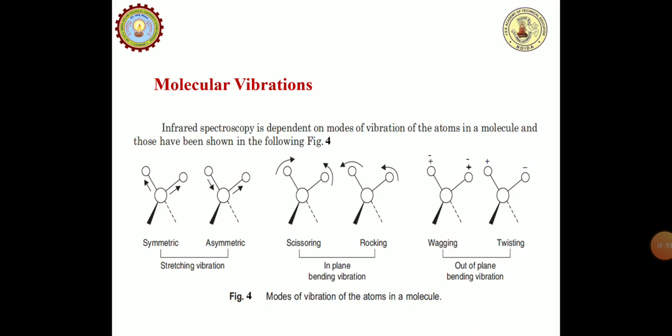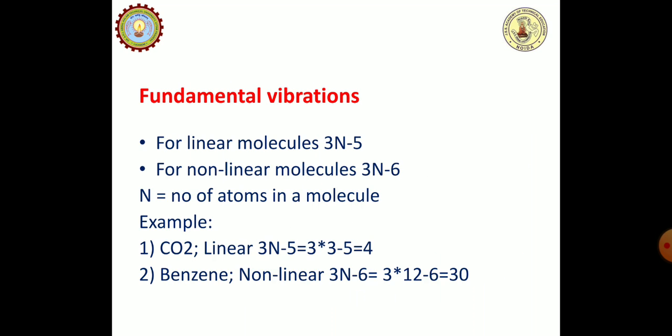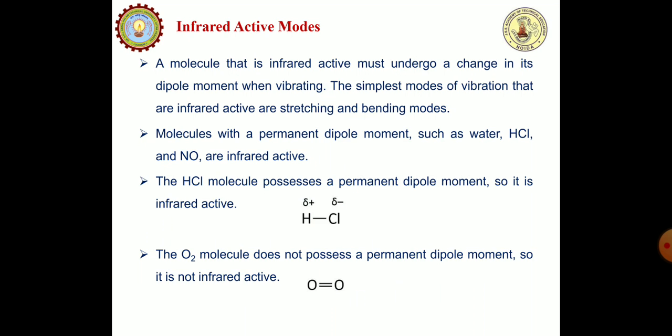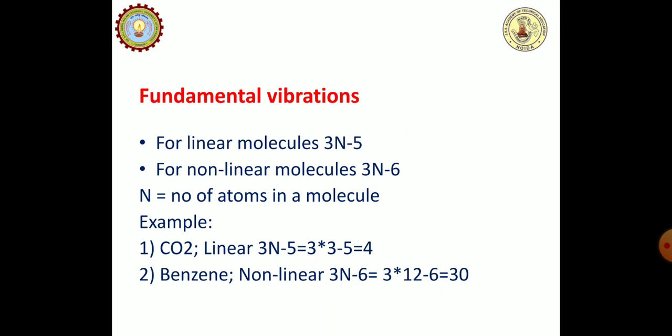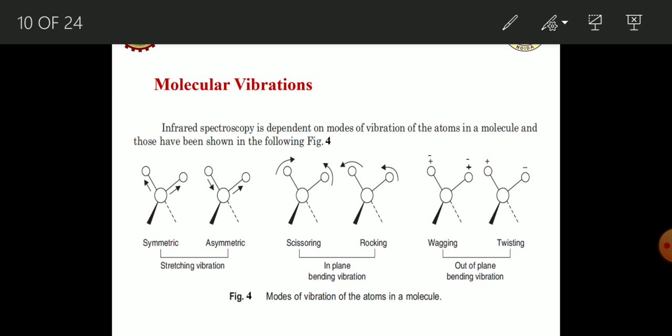IR spectroscopy is mainly dependent on the modes of vibration of atoms in a molecule, and we can observe the modes of vibration of the atoms in a molecule. The first one is stretching vibration, a type of vibration in which there is no change in bond angle, only a change in bond length.